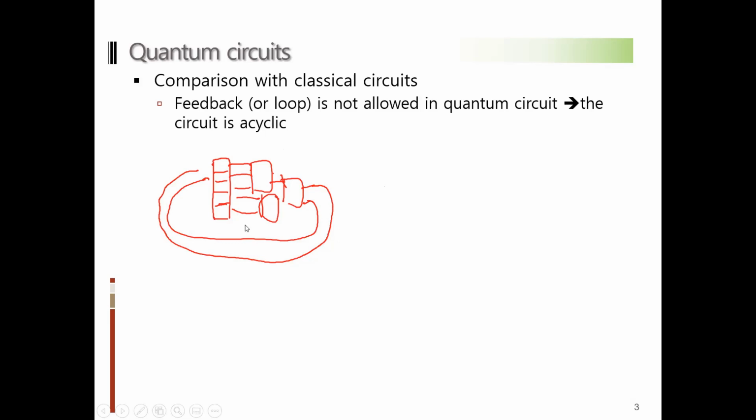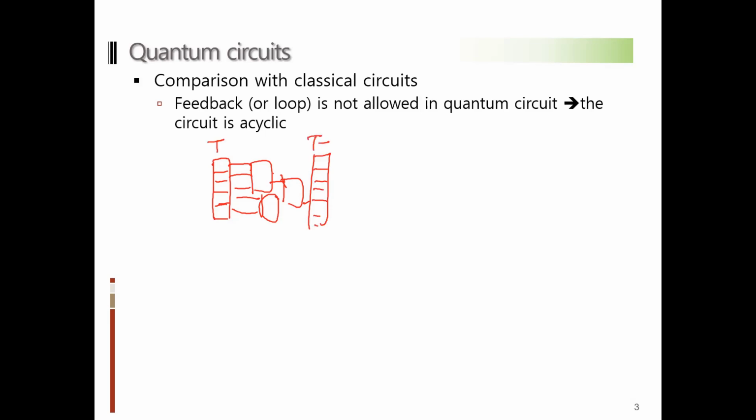If you remember, in computer architecture, even though the microprocessor generally works in this kind of feedback loop, in principle you can expand or unfold such a loop by using the concept of different times. So at time t, time t plus 1, time t plus 2 and so forth, we can just put additional copies of the same logic like this one, and then the result of time 2 will go to another circuit like this one.